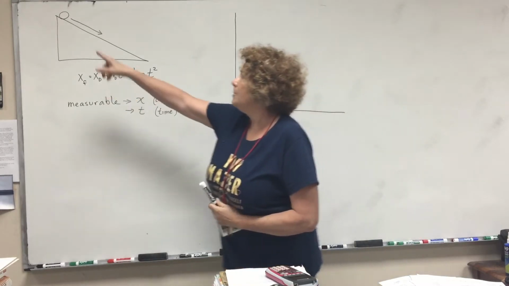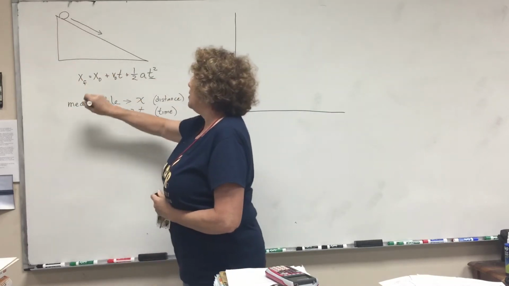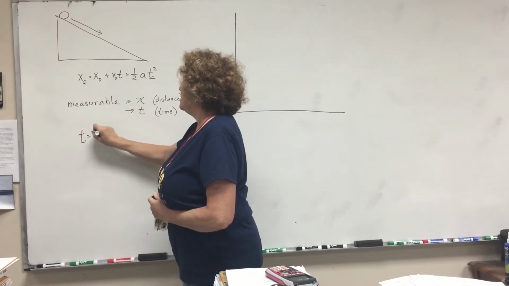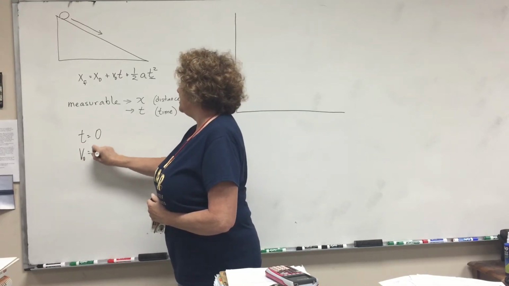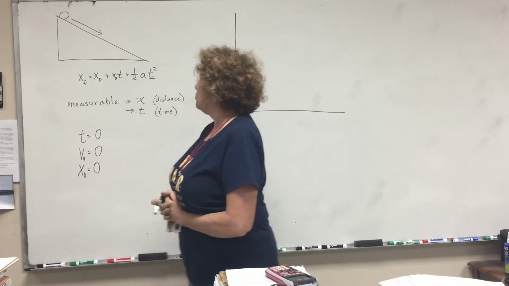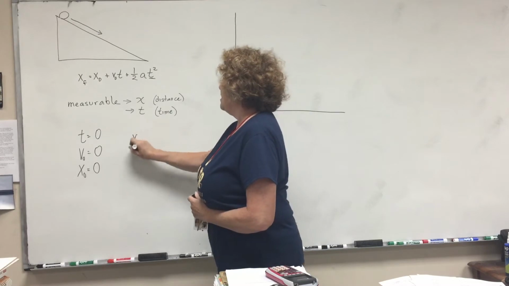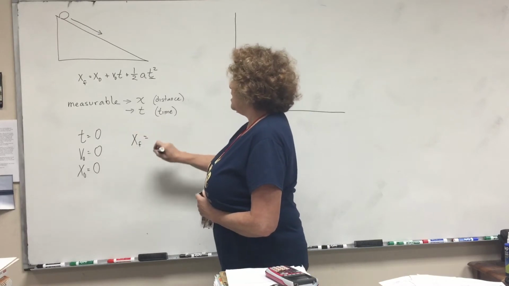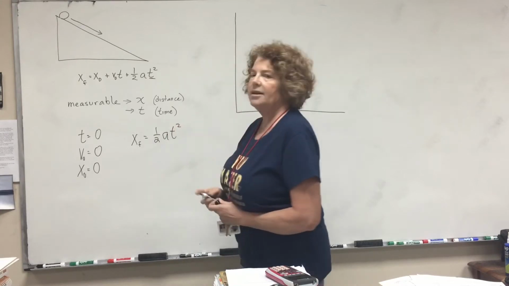Well, our starting point is when time equals 0, when the original velocity is 0, and we'll put our original x as 0 as well. So if we plug in all those zeros, we end up with x final equals 1/2 at squared.